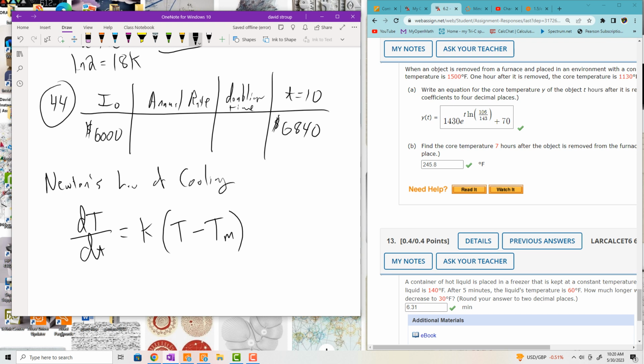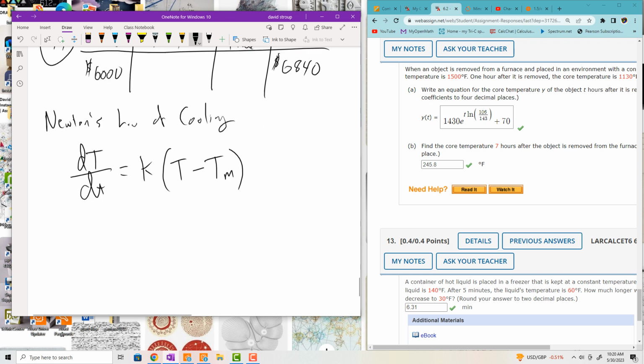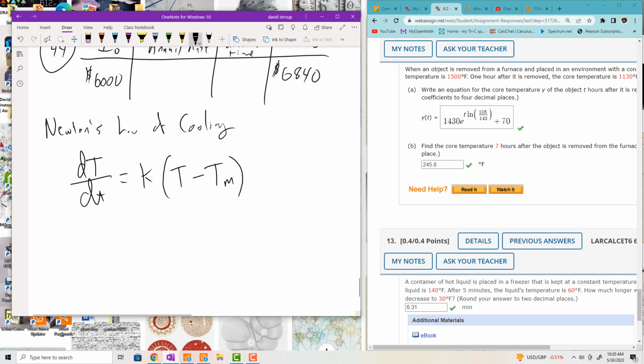Okay? So the cool thing about differential equations is you'll get an idea of what the concept is, and you could literally translate it into mathematical terms. And then solve it, and you'll have an equation that you can use to make predictions.